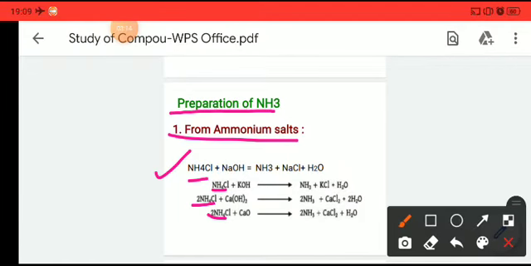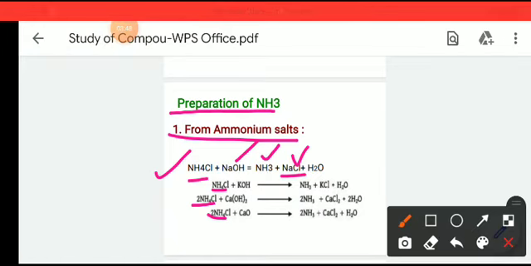Whenever ammonium chloride or any ammonium salt is reacted with a base, the base can be NaOH, that is sodium hydroxide, KOH, potassium hydroxide, calcium hydroxide, or calcium oxide, any base. Whatever the base is, it gives three products: ammonia, the salt of that base, and H2O.